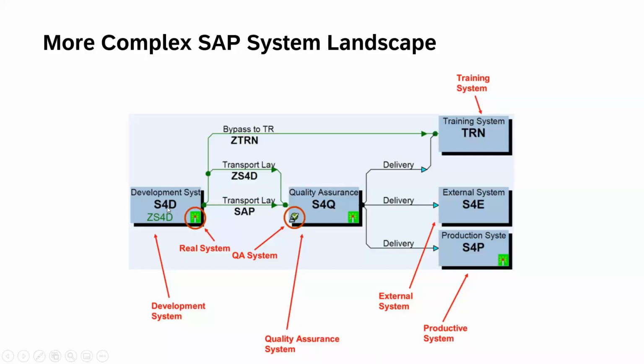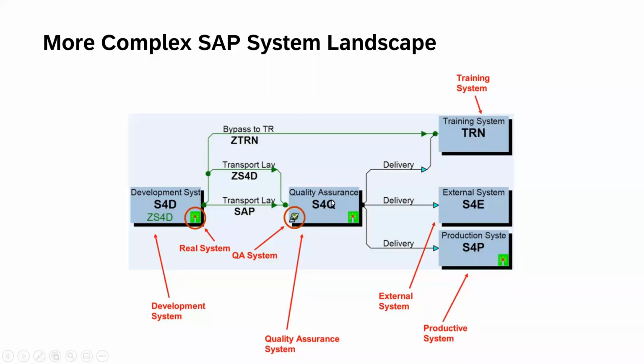Your transports from your development system are moving to your quality system. From your quality system, whatever changes you are doing, you have 3 delivery routes: one to your training system, one to your external system, and one to your production system. Normally, whatever changes you do in the development system, when you release that change, it will come into your quality system.